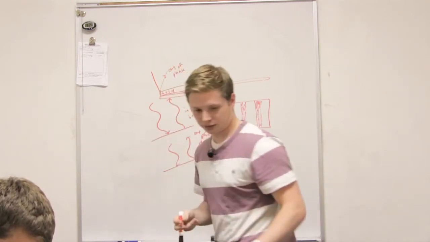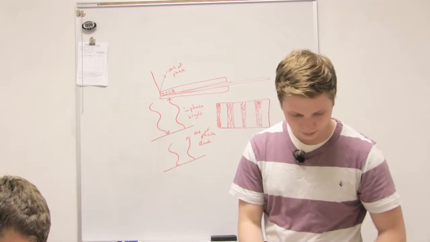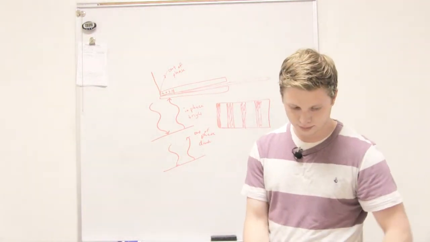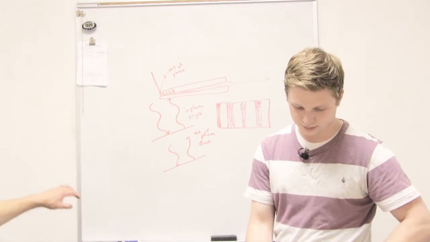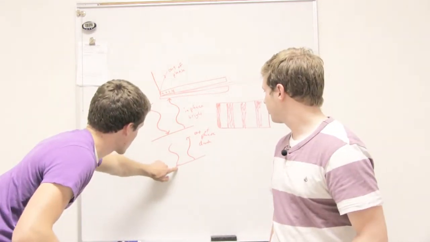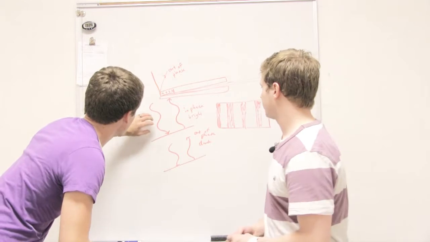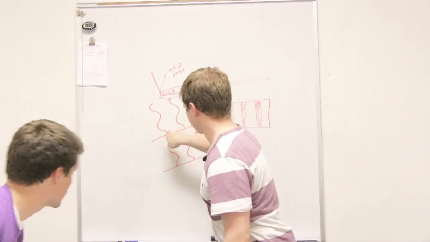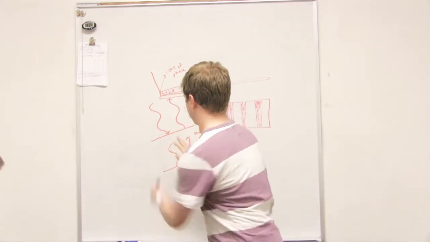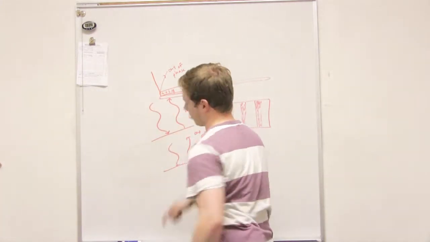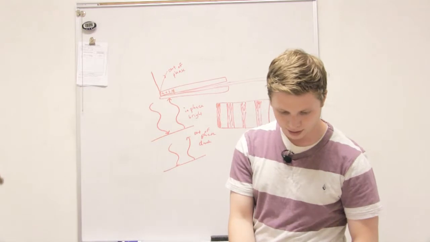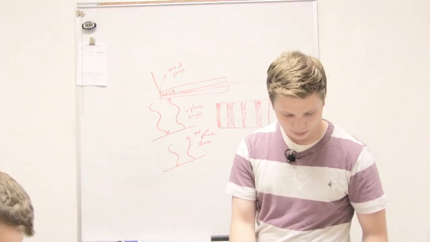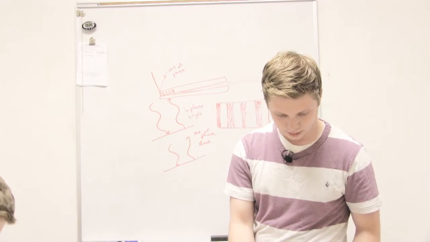So could I say the light would reflect back out of phase? Is this and this basically the same light wave? Yes, this is it coming in, and then this is the second part, where it bounces off.